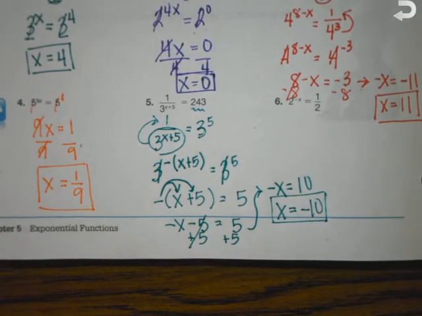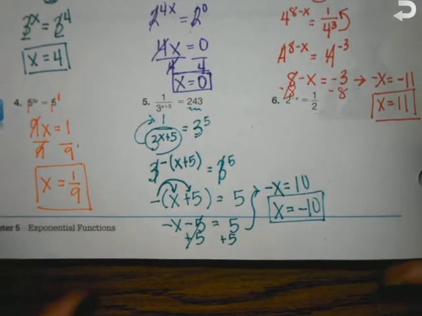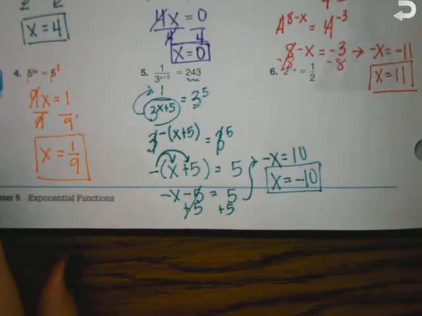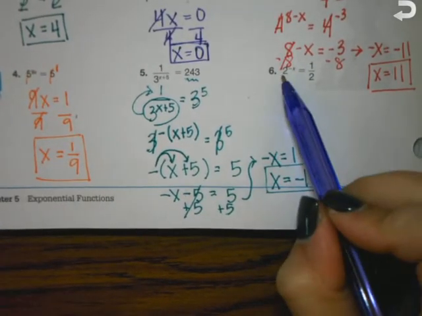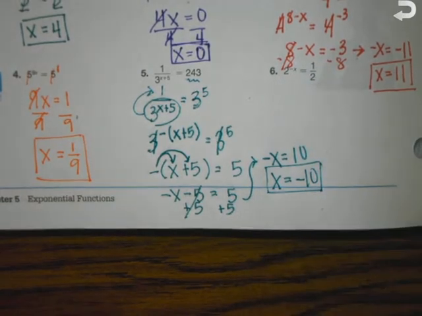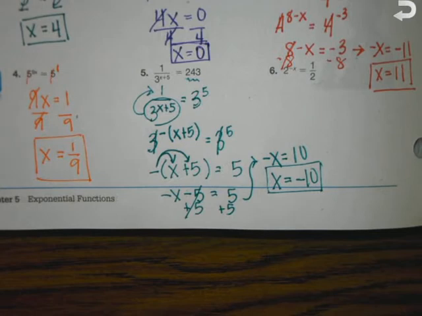One more and then I think we're good. And every single one of these, every single one that you will see on your homework are like these. Okay, I have 2 to the negative x equals 1 over 2. Do I have the same base? Yes. Almost, not quite.